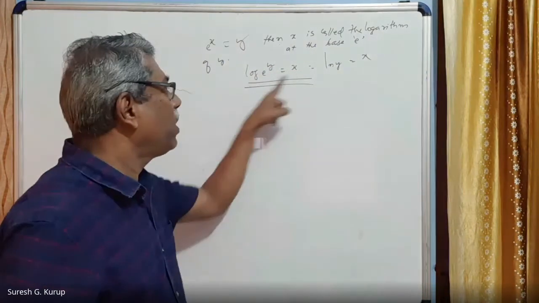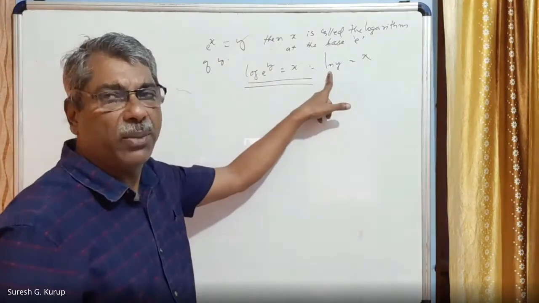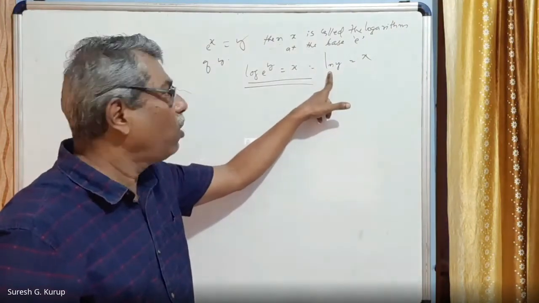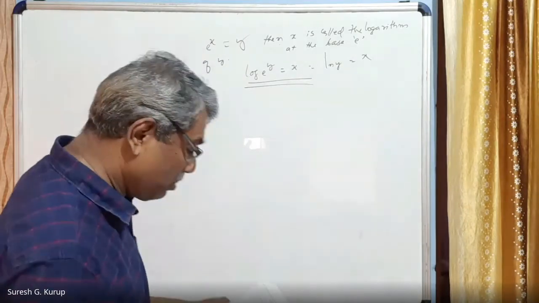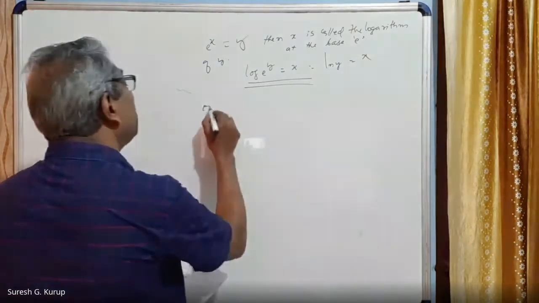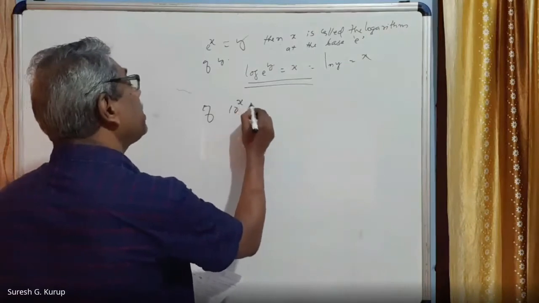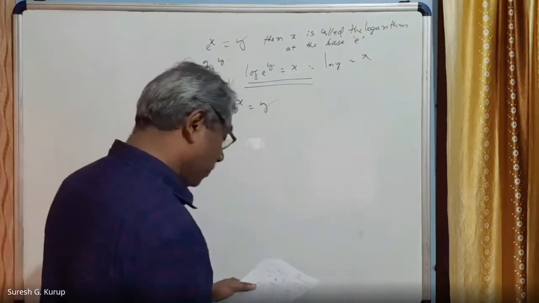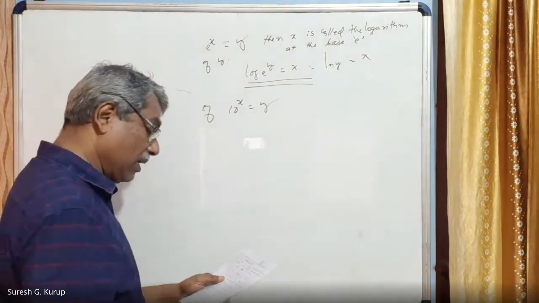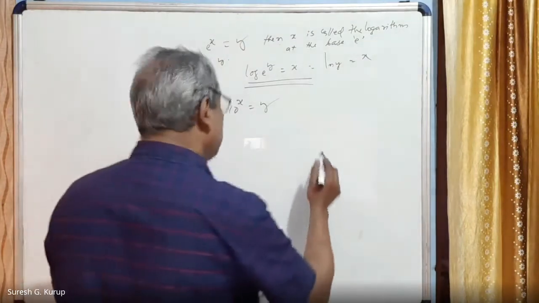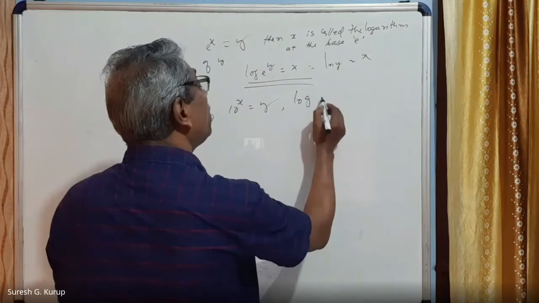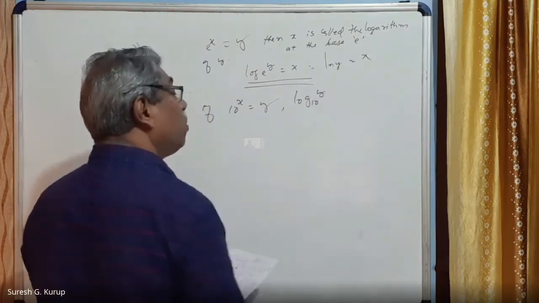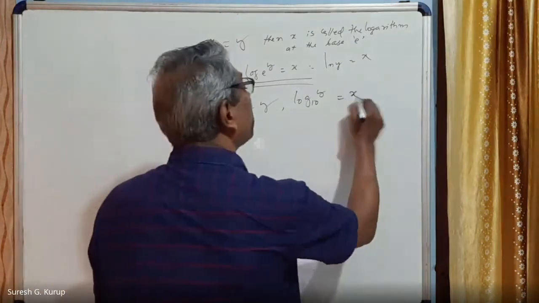The same is called the natural logarithm. As an example, if 10^x = y, then log y to the base 10 is equal to x.